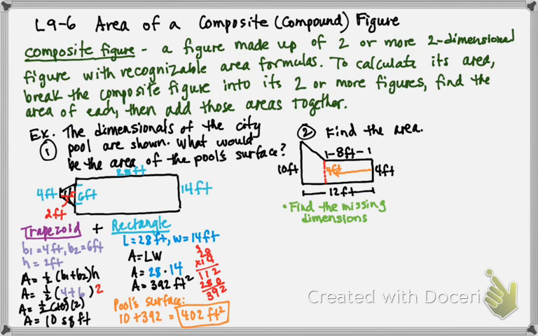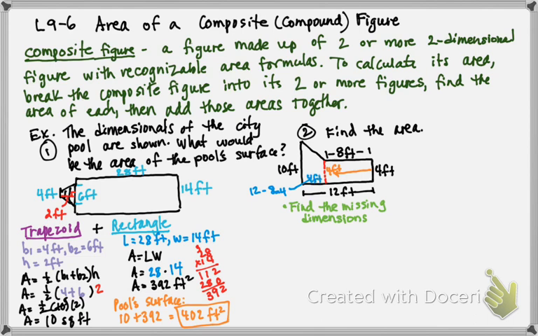So I need that horizontal distance from the 10 foot to where that red line is for the height, which in our case is actually the base of the trapezoid, right? So let's see, for this guy, I've got 12 feet, but the length of the rectangle is only 8, so that gives me 4. So that says this piece is 4 feet.